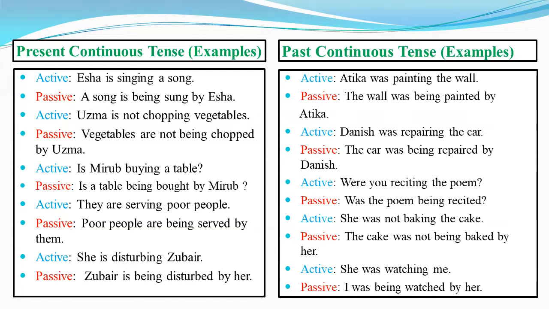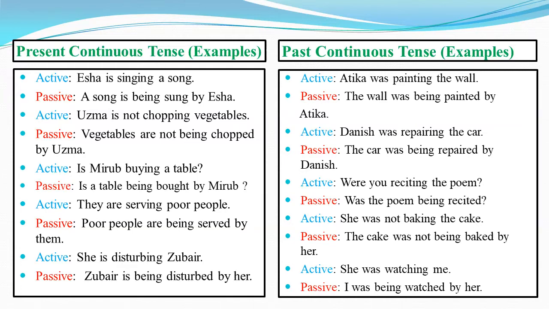Okay, another sentence: Uzma is not chopping vegetables. This is a negative sentence. Okay, and the passive voice is: Vegetables are not being chopped by Uzma. Okay, and here is another sentence. This is an interrogative sentence: Is Meera buying a table?